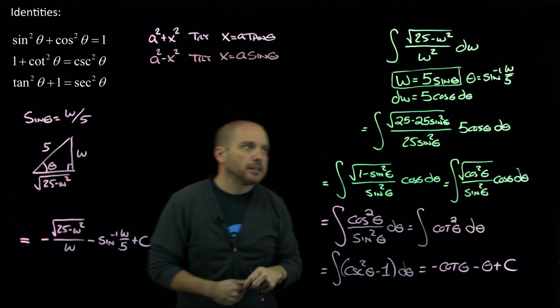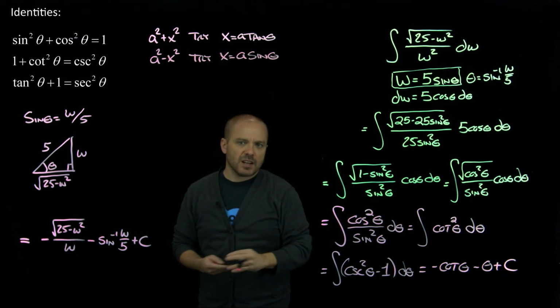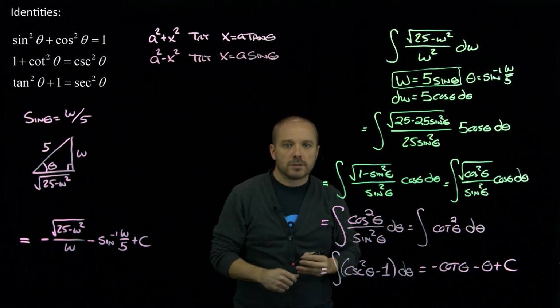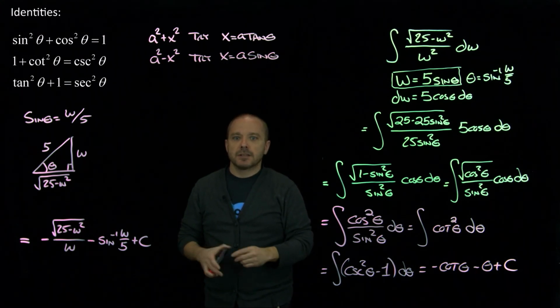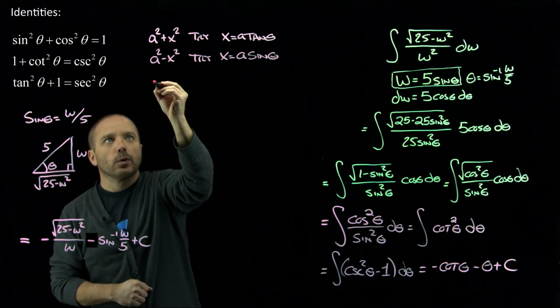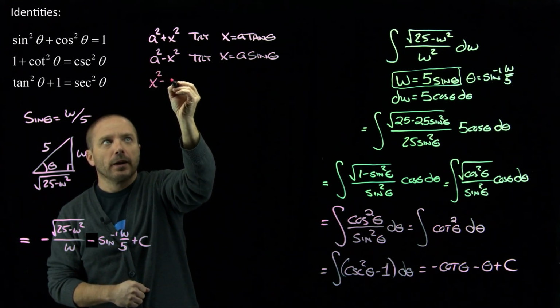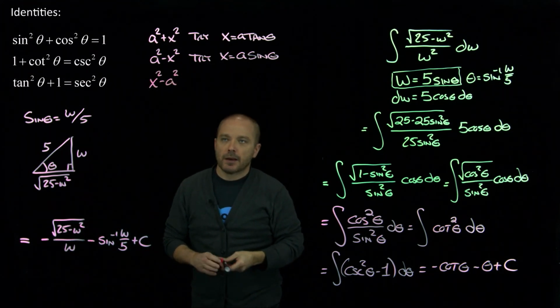As we saw in this example, you'll end up at your trig identity if you use sine or cosine, but again, we'll just stick with the non-co-functions. So we have one more left. What we'll look at next time is what about x squared minus a squared? So we'll look at that one in the next video.